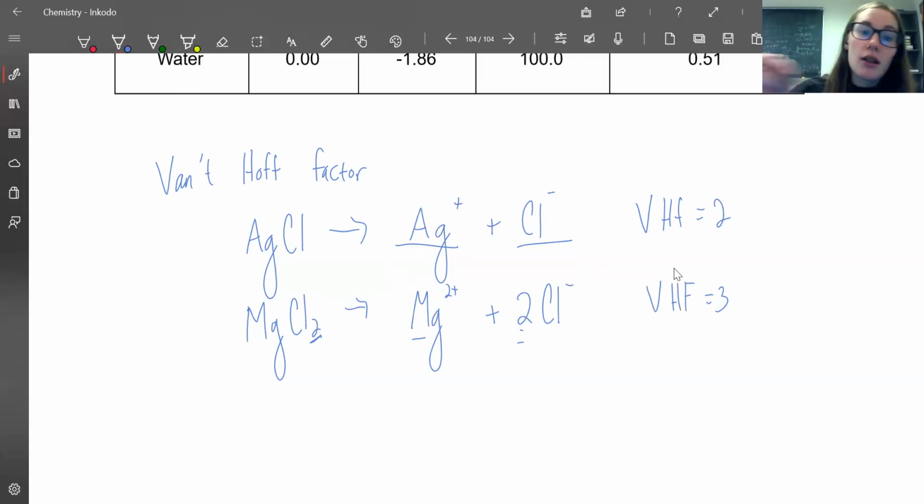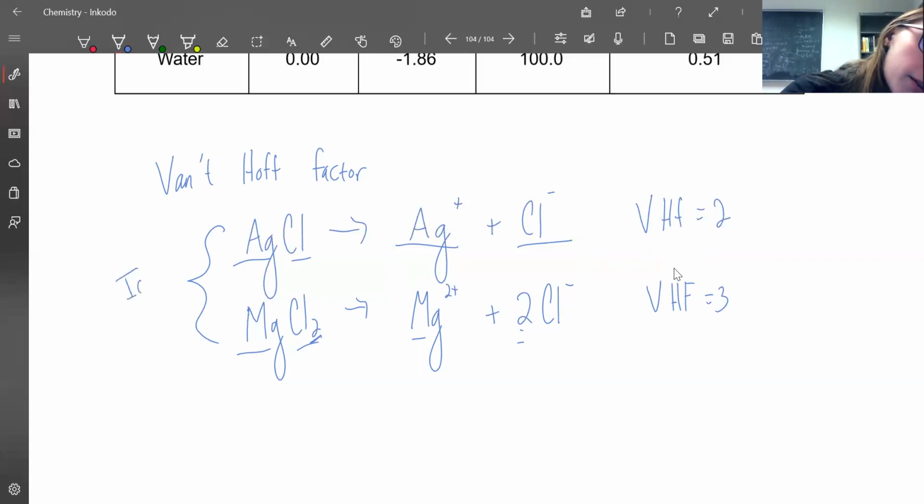Not terrible. Now, these, if we look, these are both ionic. Metal, non-metal. What happens if we use something covalent? So let's go back to that sugar, C6H12O6. Well, in my drawing, we didn't break it up. Sugar stays a molecule.